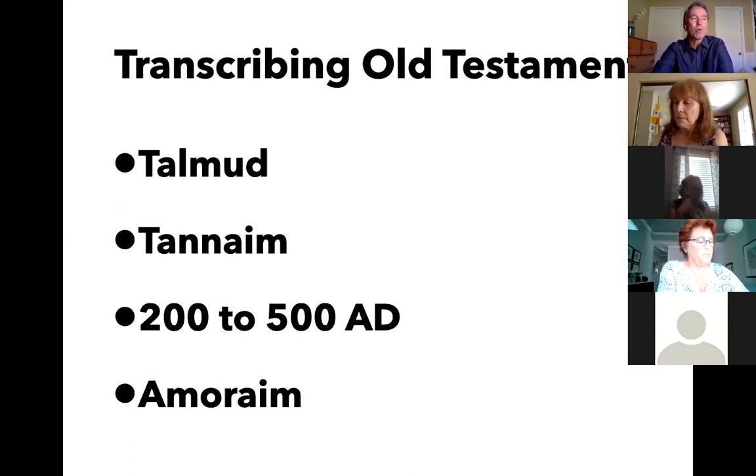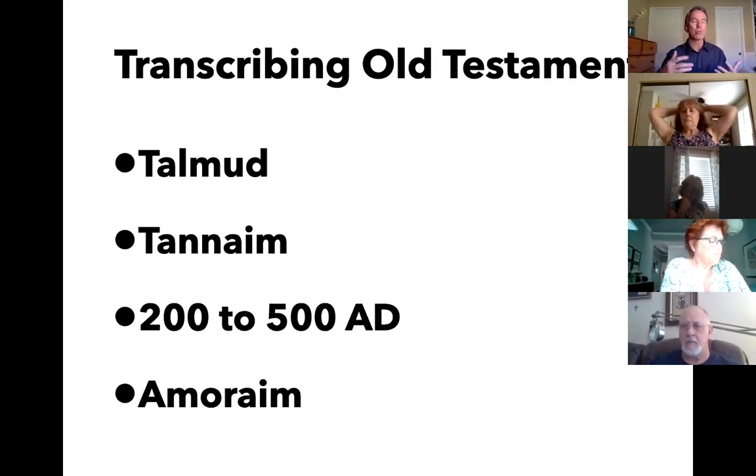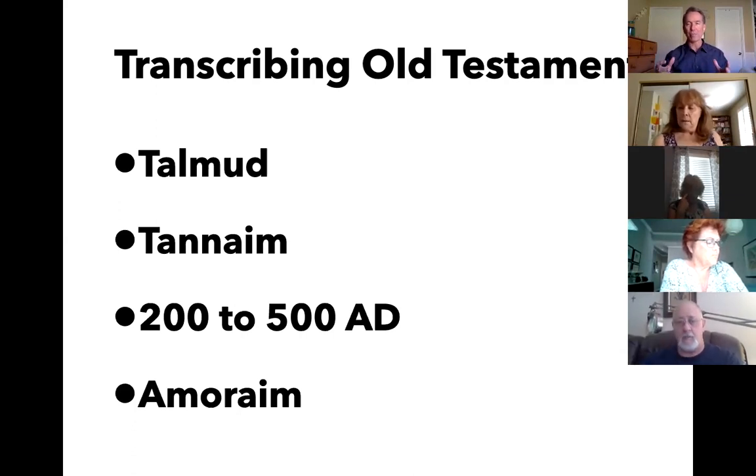So at this point now, this is where these scholars, specifically the Amoraim, started to come together and put these rules in place to preserve the Old Testament documents and to keep them preserved. They had to have a certain type of parchment, a certain type of ink, a certain type of writing instrument, whether it's a quill or something else.